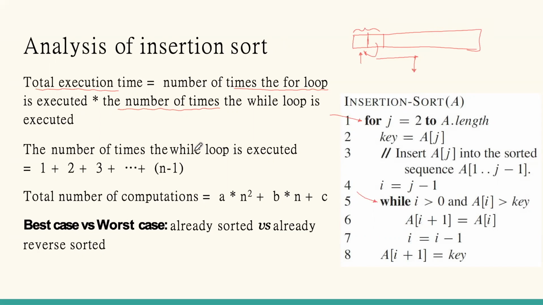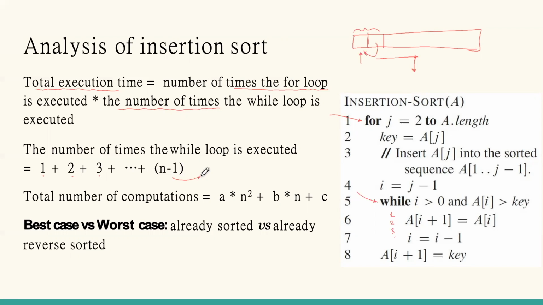And that's how the sorted part keeps growing. So at the beginning, the while loop is executed only once. The second time, it's executed twice, thrice, and so on. So the total number of times the while loop is executed is 1 plus 2 plus 3 and so on up to n minus 1.